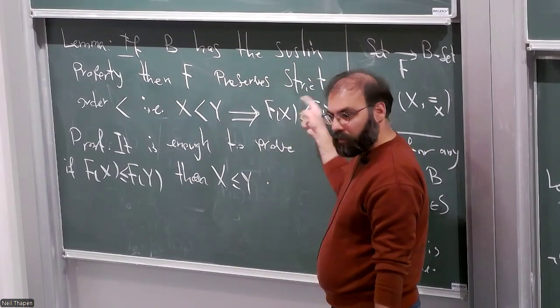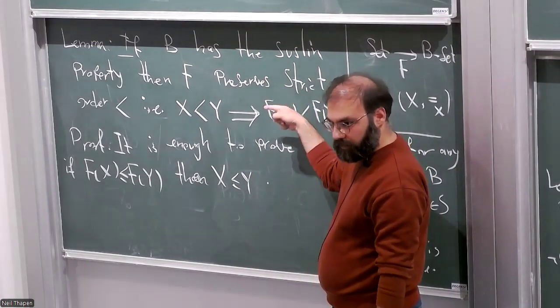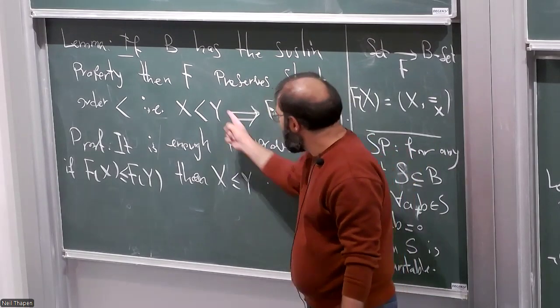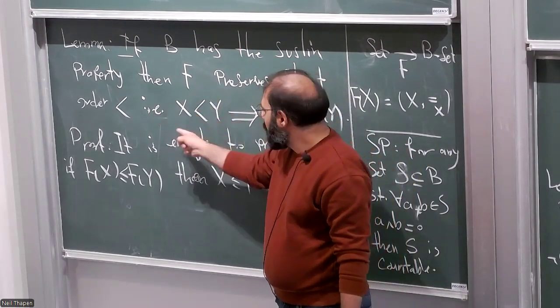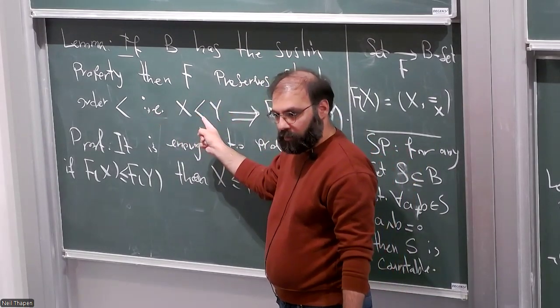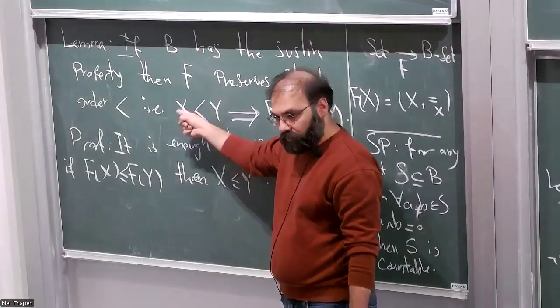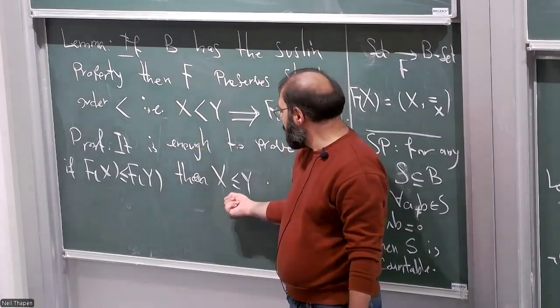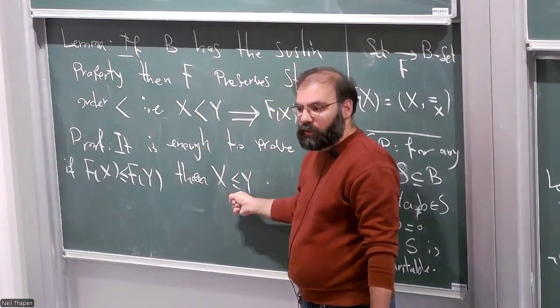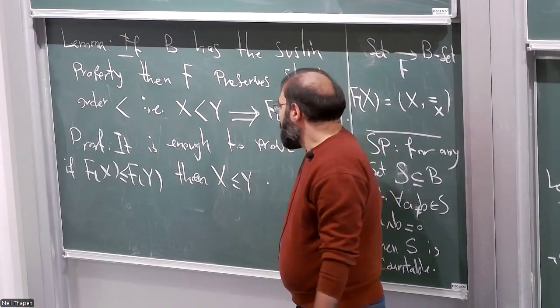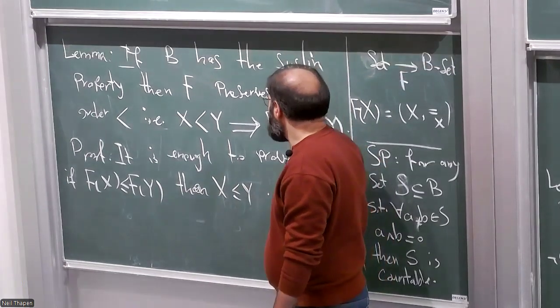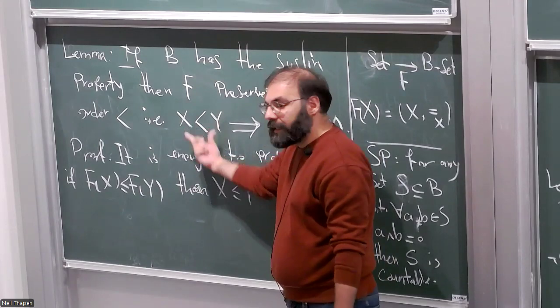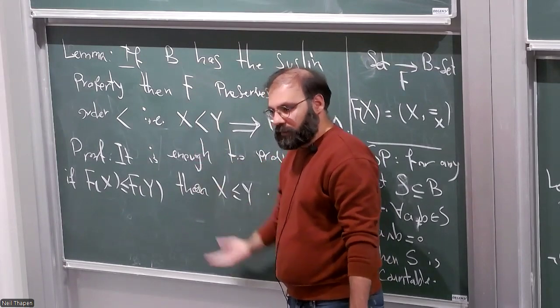Then there is a monic map from F of y to F of x. And then if I have this, then I have a map from y to x. Then I have Cantor-Schroeder-Bernstein instead. Therefore, they are isomorphic, which is not the case. So therefore, it is simply enough to prove this. The reason is that this is something negative and this is something positive, right? It is better to work with.